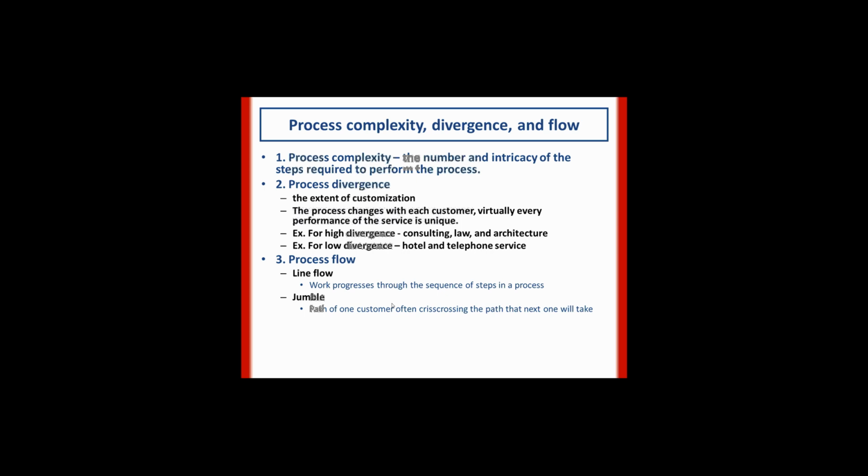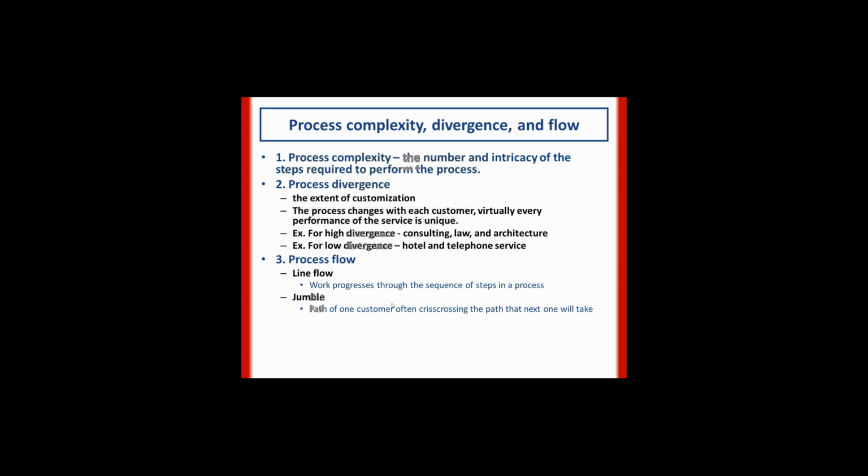A process can be very divergent if it has a high degree of customization, like a consulting firm, law firm, or architecture. A process with low divergence will require low customization, such as a hotel or telephone services.